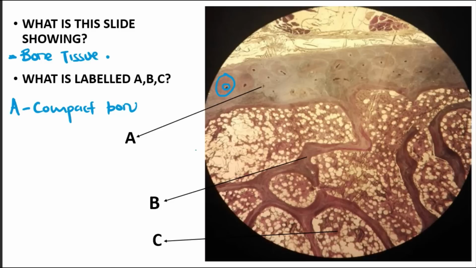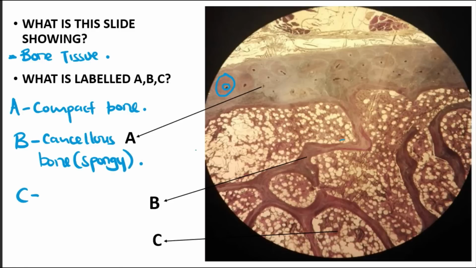B has got trabeculae. So this is cancellous bone, which is also known as spongy bone or trabecular bone. C is the bone marrow.